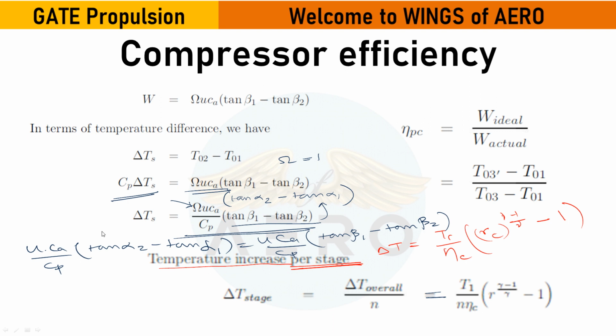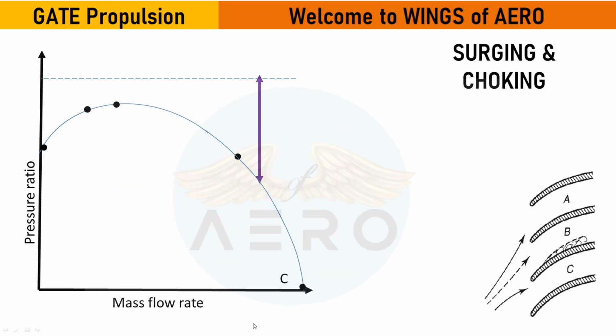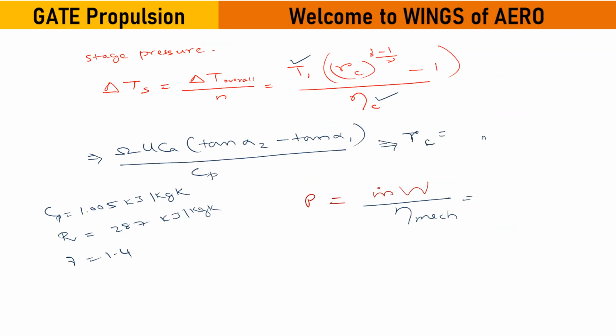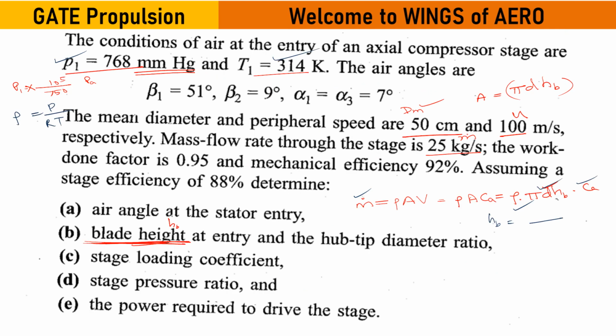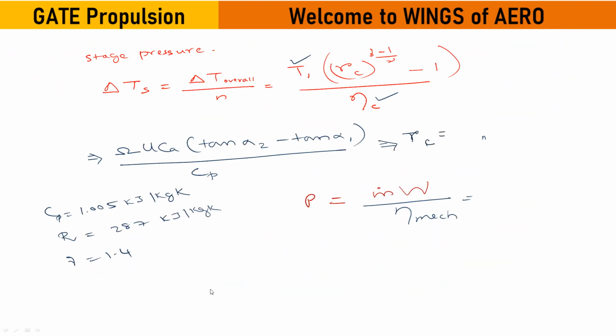We can do without R also, na? That is the formula, but the question you have to find here is R. They ask for the stage pressure ratio. That means you need to find RC. T1 is given, other values are also given or known.